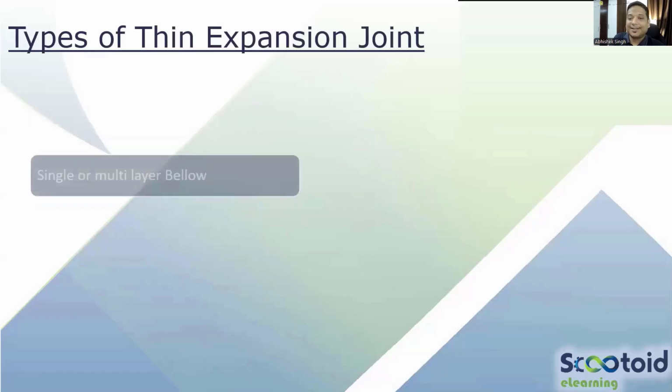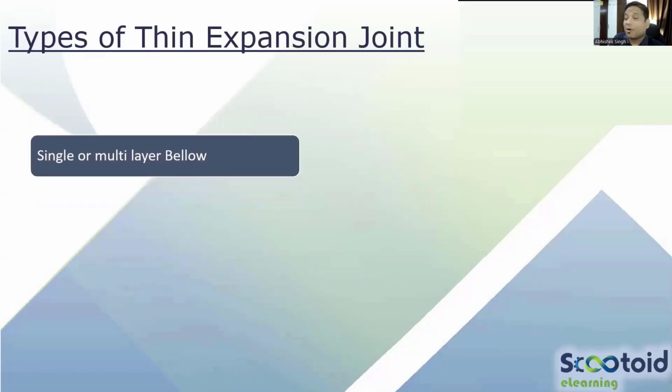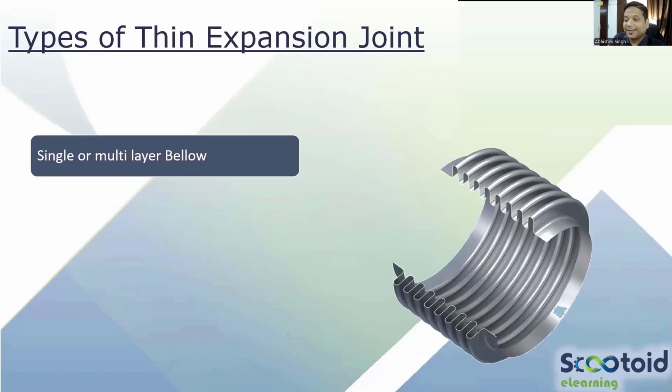We'll see. Let us first see what the different configurations possible for thin type bellows are. So this is a thin bellow. You can see the convolutions. It can be either single sheet or multiple sheet. So it's a sheet formation. These are made from sheets, while the thick bellow is made from plate.